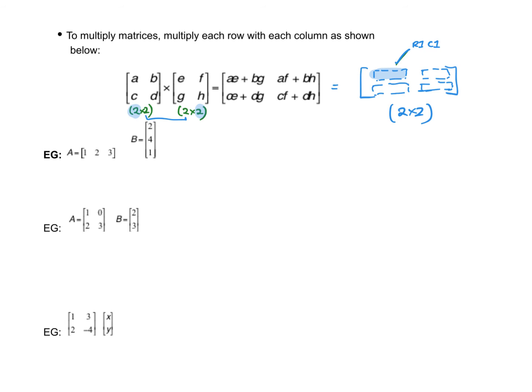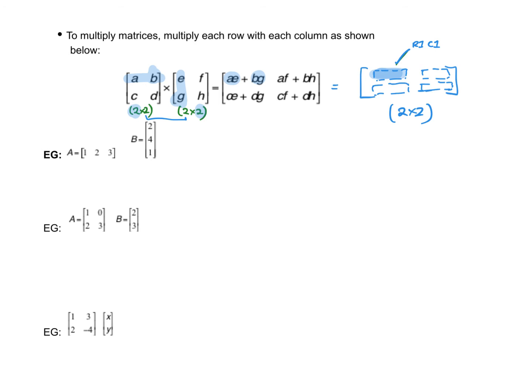So the way you work it out is in your original, you multiply row 1 with column 1. So can you see that A got multiplied with E plus B got multiplied with G, and that will give you that spot answer in there.